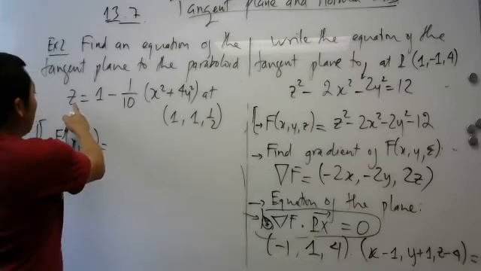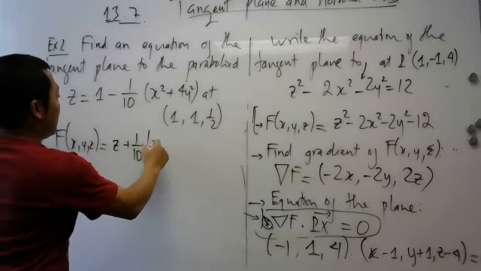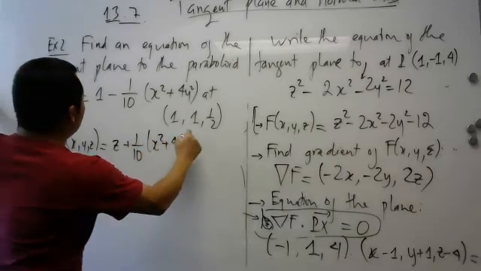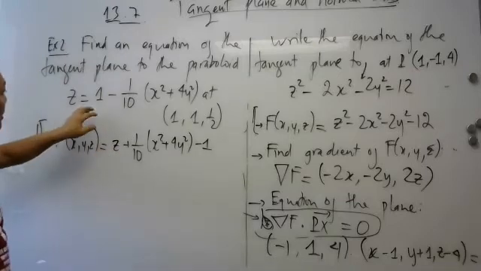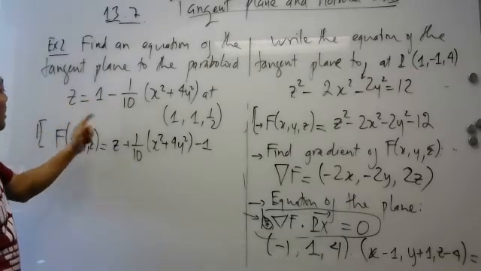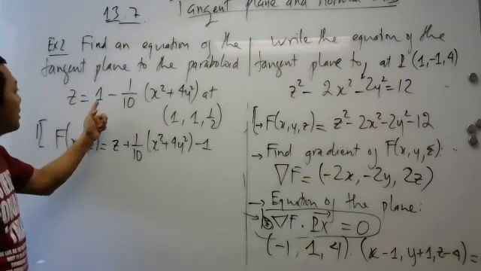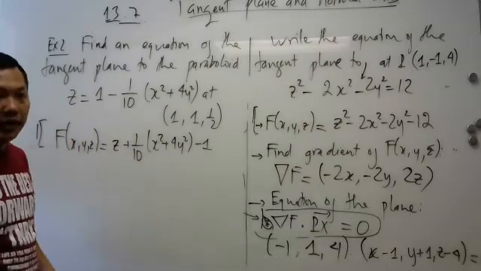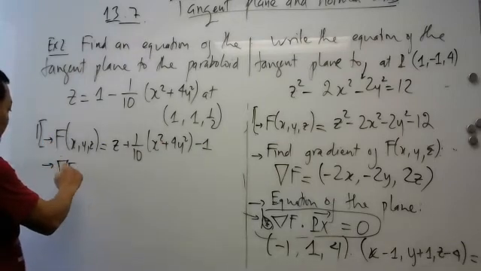So I can write z plus 10 x squared plus 4y squared and then minus 1. That is our function. Now just find the gradient of F.